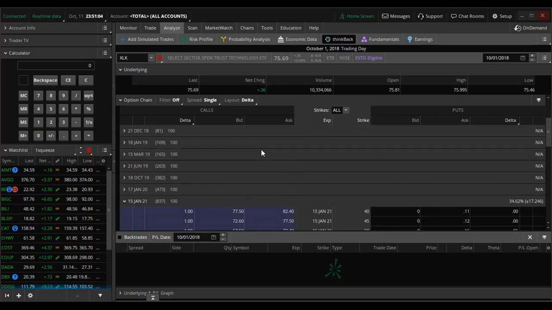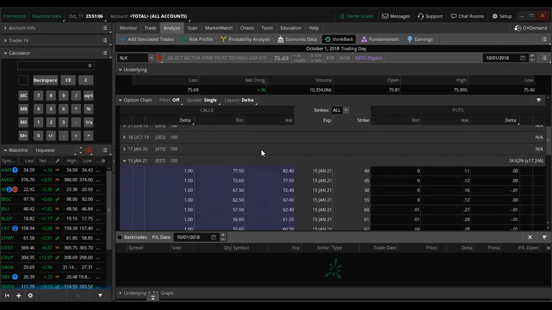In this example, we're still going to go out to the January 15th, 21 options. This says it has an expected move of $17 up or down. So again, what I would do is take this number and add it to the price of the stock. We'll round the price of the stock up to 76. We're going to add $17 to it.